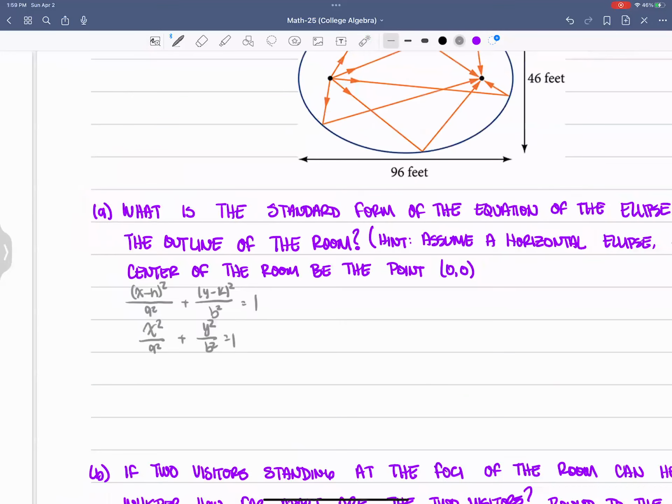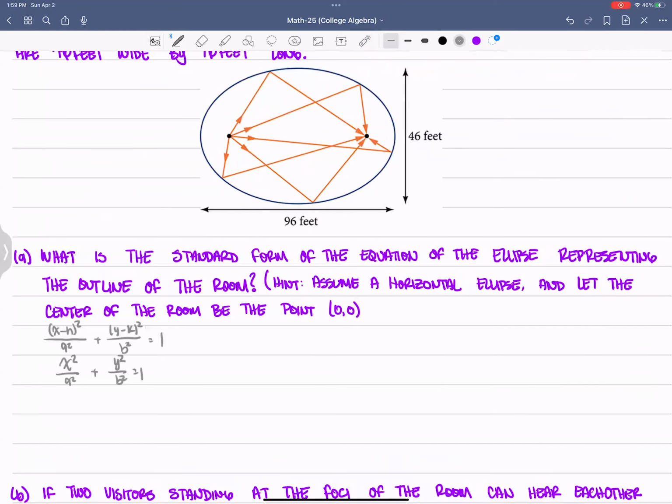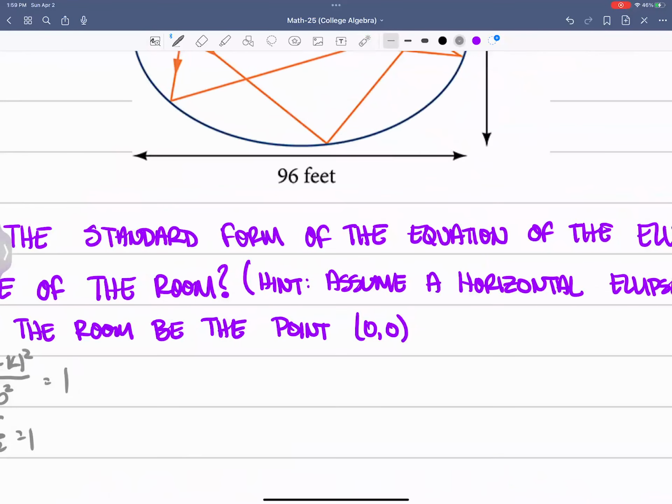All right, now from here, if we go out from the center, we go out this many units. Actually, it would be half of that 96 feet, so it wouldn't be the full 96. So what's half of 96? So 2 times 48.